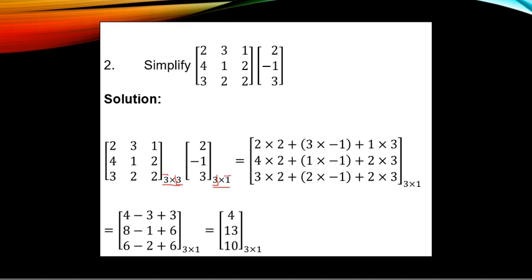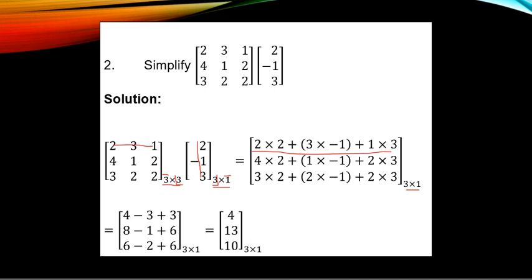After checking that the number of columns and rows are equal in the first and second matrix, the remaining order, 3, 1, is the order for the solution. So in this place, you take the first row to multiply the only column, that will give you the entry in the first row. You can see them here.